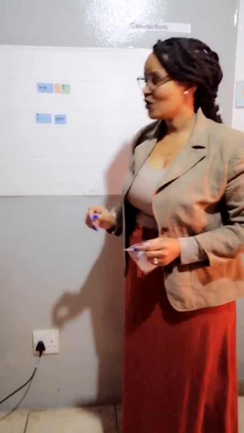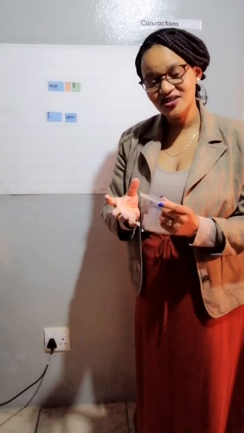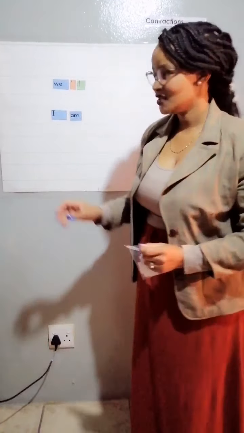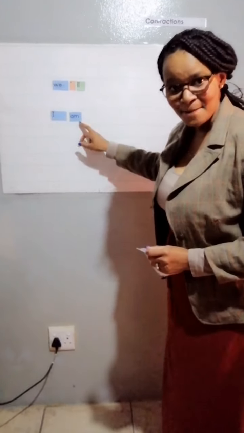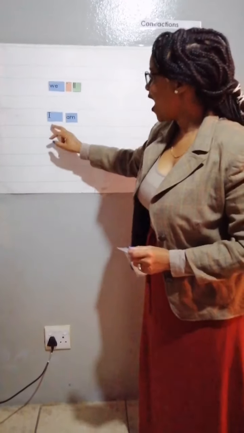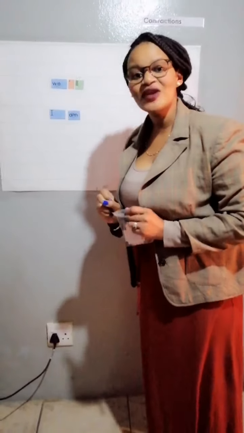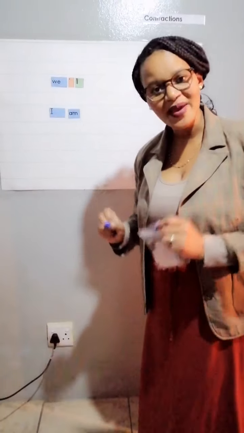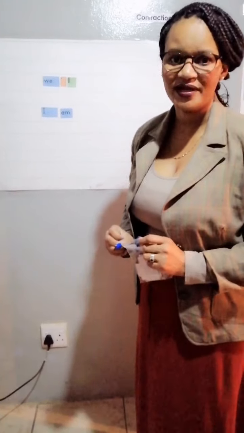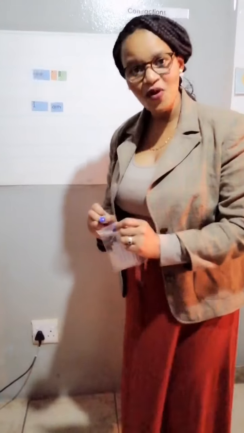What did we say before we make any changes? We read out loud. Say I am. I am. Now we are trying to contract these words. We have to make a contraction of these words in order to make it smaller.